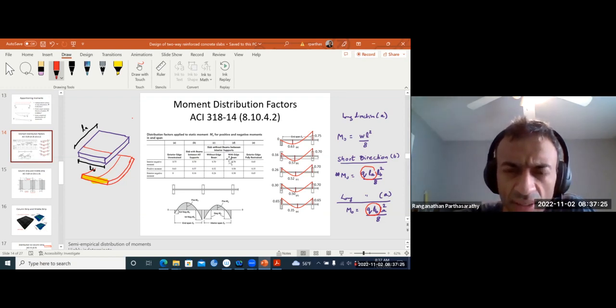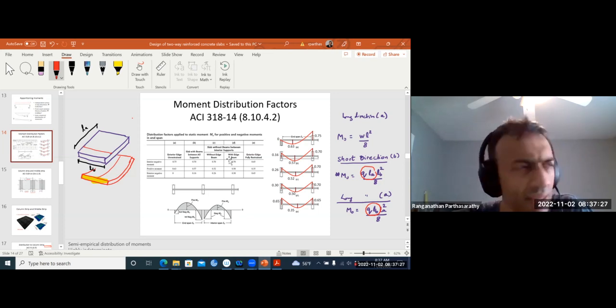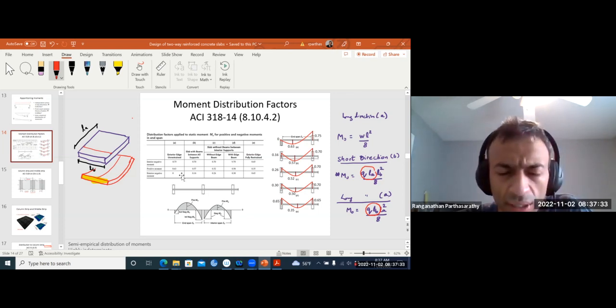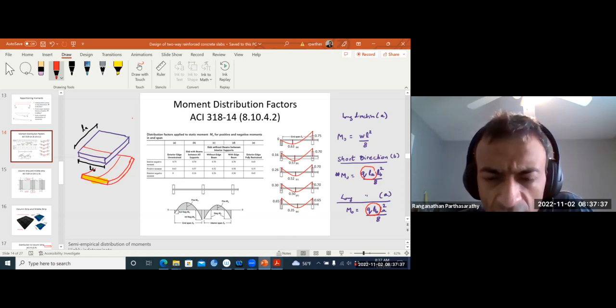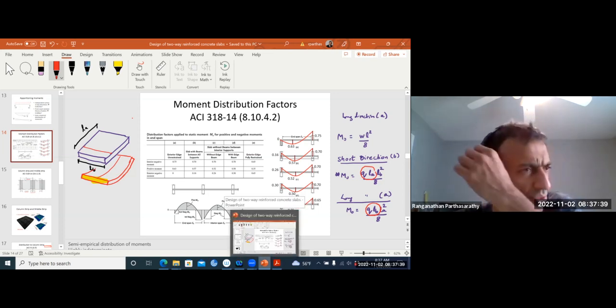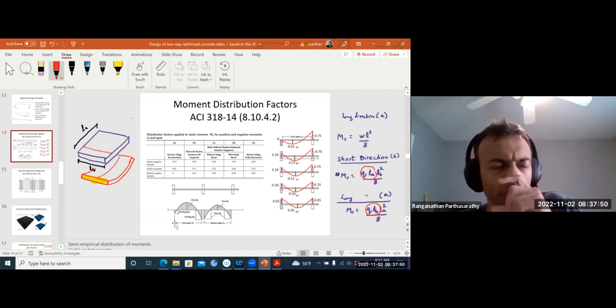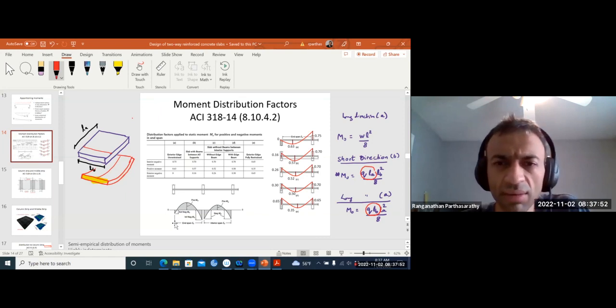There is just the slab. In that case, your alpha will come out to be 0 because there is no beam in that direction. There is only a slab. So you will get alpha to be 0. And the deeper your beam, the more is the alpha.